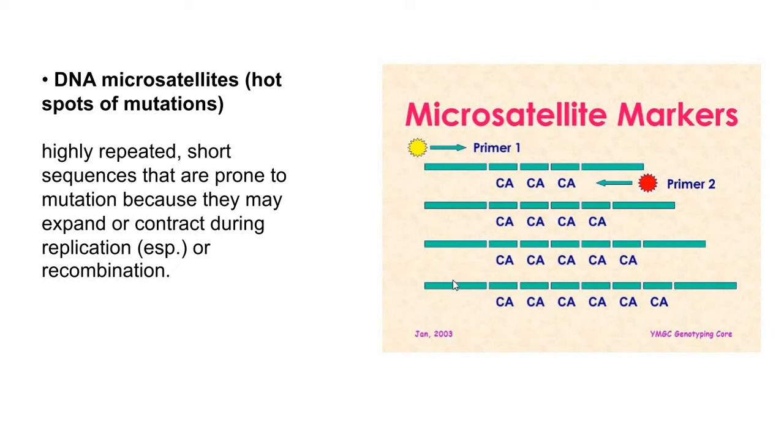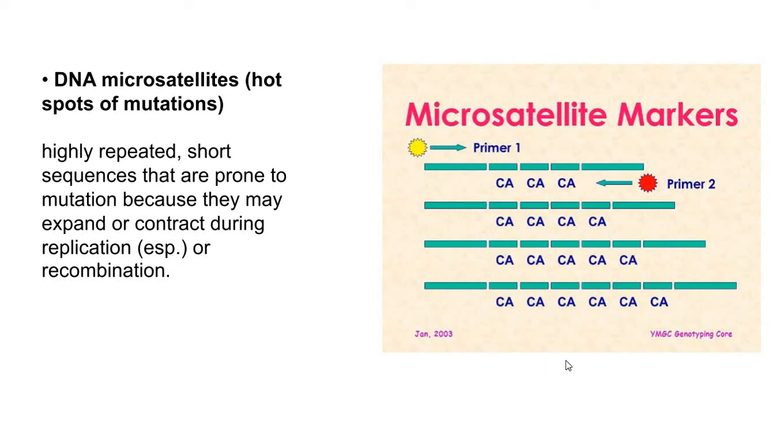Here, if you look at this microsatellite marker, this is a duplet of C and A present a number of times in the sequence, and because DNA polymerase is not very good at knowing how many repeats there are, it may insert or delete repeats of these microsatellites.